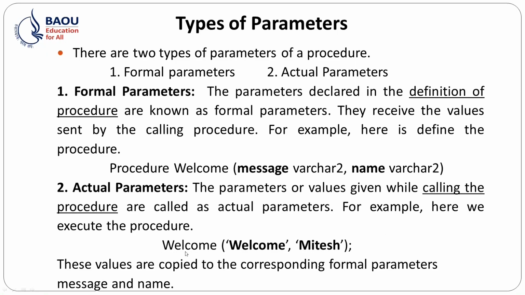How to call? Procedure name, and then in brackets pass the values of the parameters. Welcome is passed in message and Mitesh is passed in the name variable. These values are copied to the corresponding formal parameters message and name.